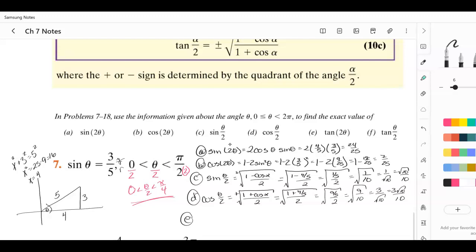Okay, E is asking us for the tangent of 2 theta. I can use 2 tangent of theta over 1 minus tangent squared theta. 2 times 3/4 over 1 minus 3/4 squared. Reduce the top.